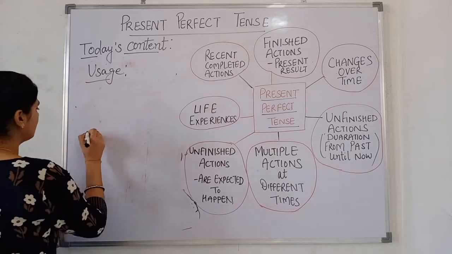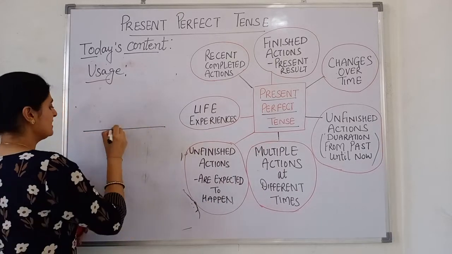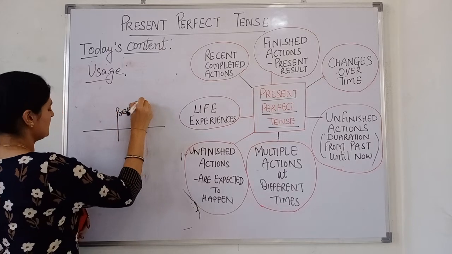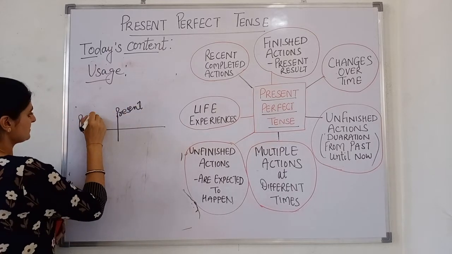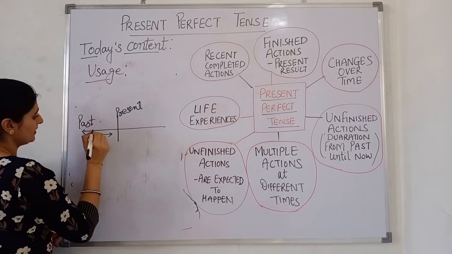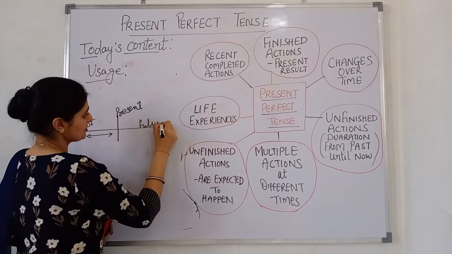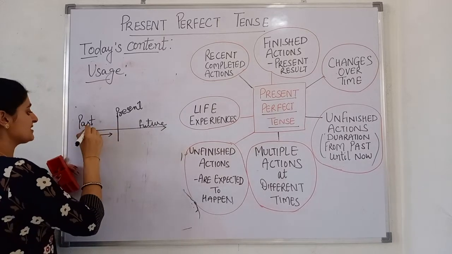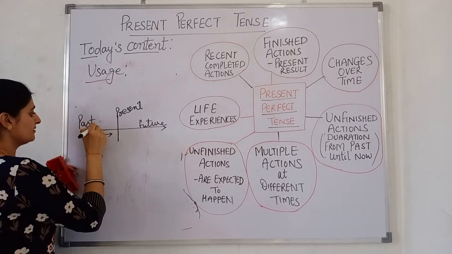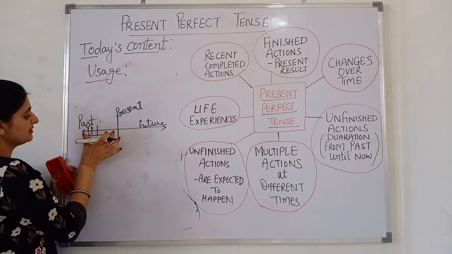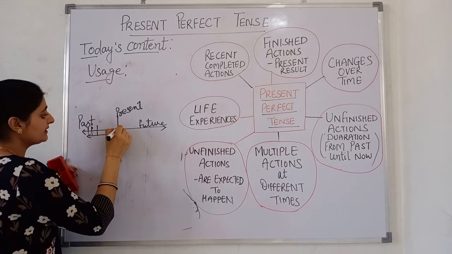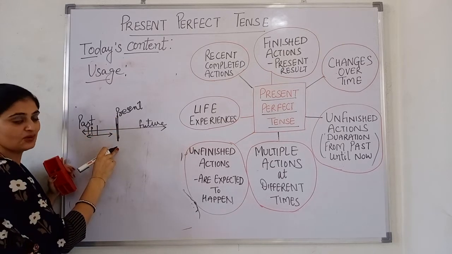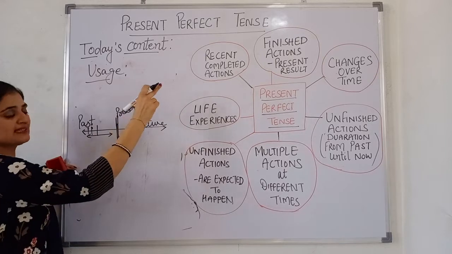For example, we can draw a timeline here. This is present, this is past, and this is the future. So the action started here or here, anywhere, and is going on till present, until now. So there we use present perfect tense.